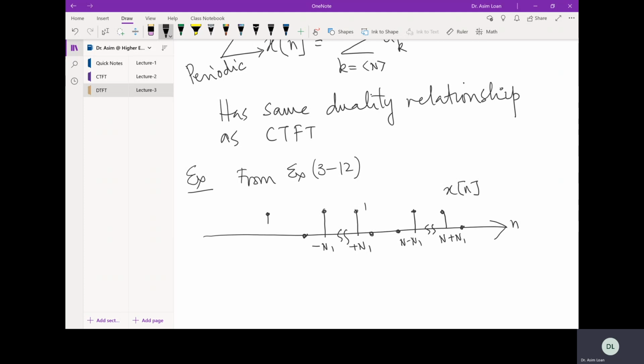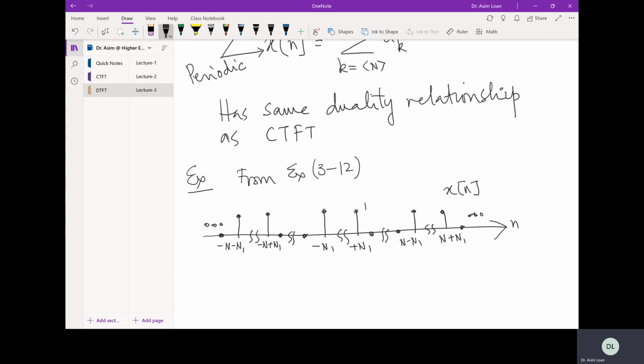And then we had this is minus n1, this is minus n plus n1, and then we add this periodic over here.